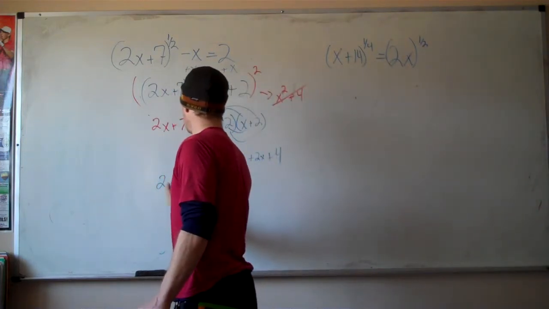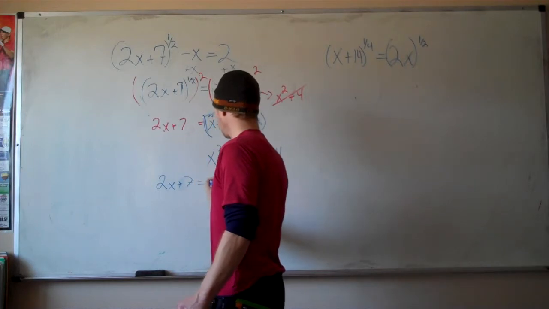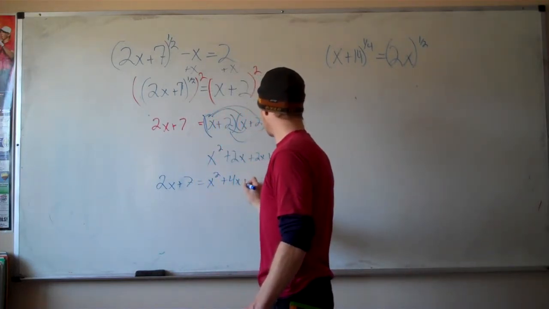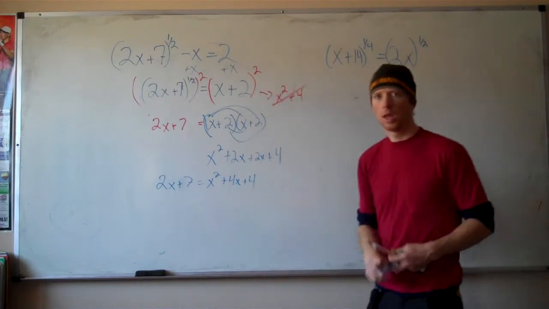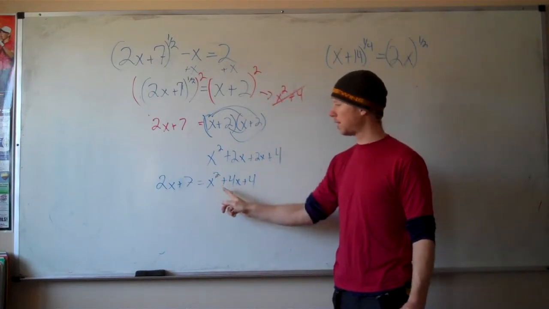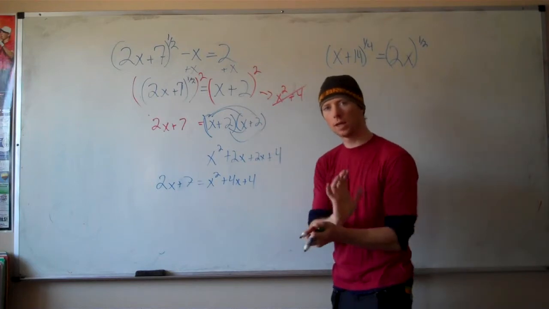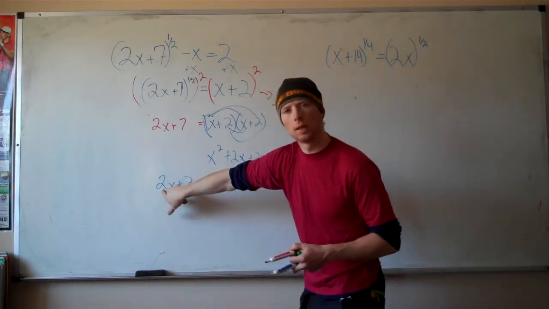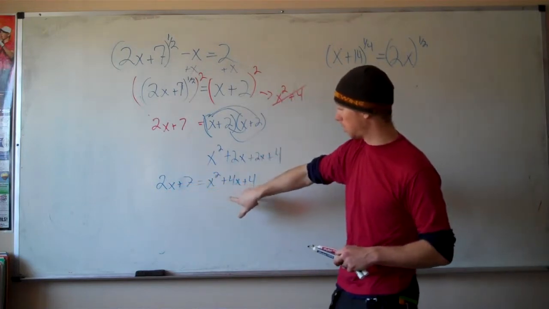This will give us 2x plus 7 equals x squared plus 4x plus 4. This is what I call a quadratic trinomial. When we were in the quadratics chapter, we always wanted to set this equal to 0. So I need to take these two terms and move them over here.